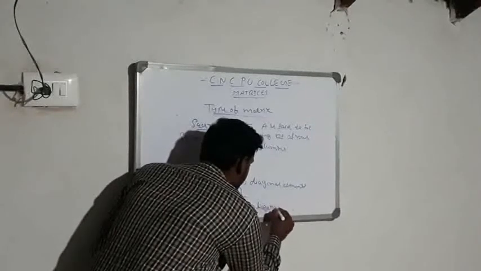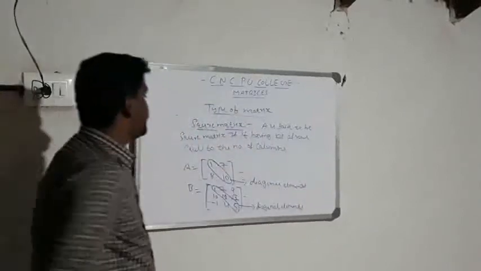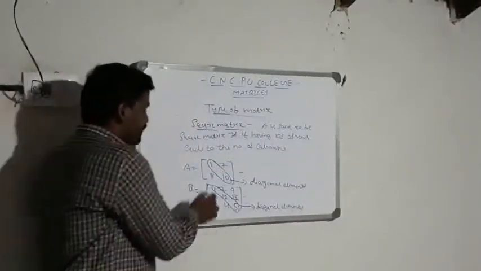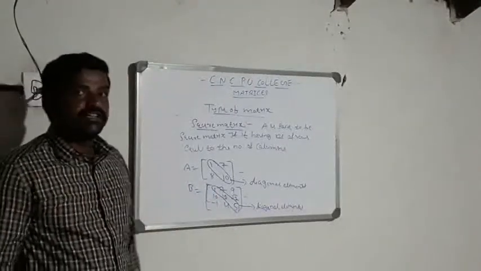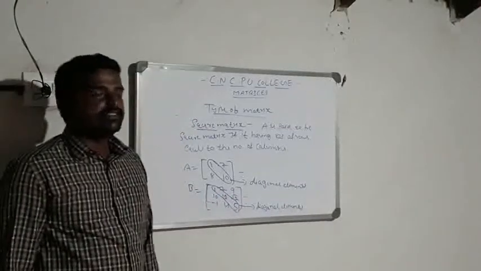In the first square matrix, 1 and 10 are the diagonal elements. Here in matrix B, 1, 12, 5 are the diagonal elements. Other than diagonal elements, the remaining elements are called non-diagonal elements.